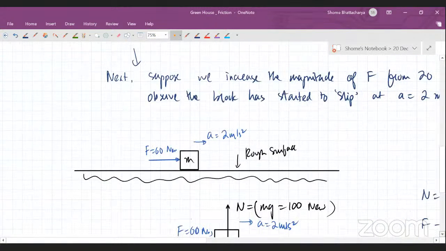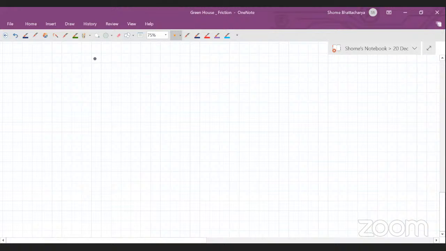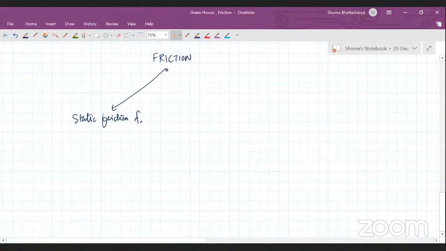Okay, so let's come back to this and understand that there are two types of friction: static friction, which we generally denote with this symbol, and kinetic friction, Fk.